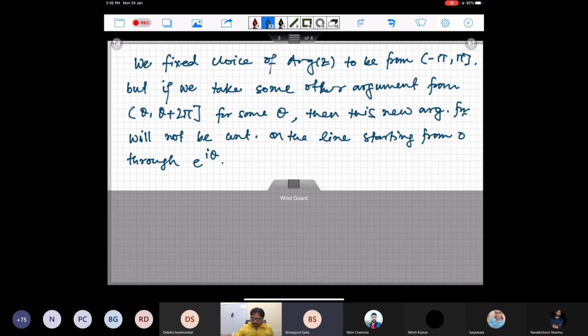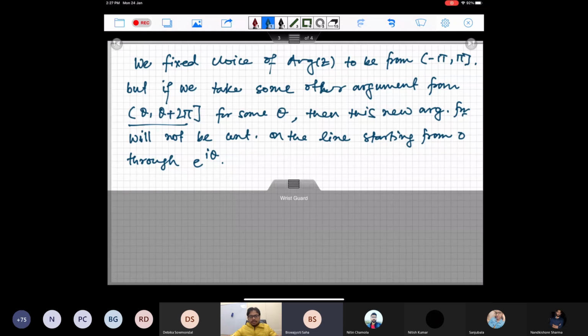So the point is, you can take any choice of argument, not only the principal argument. All you know is that the argument needs to take values in an interval of length 2 pi.